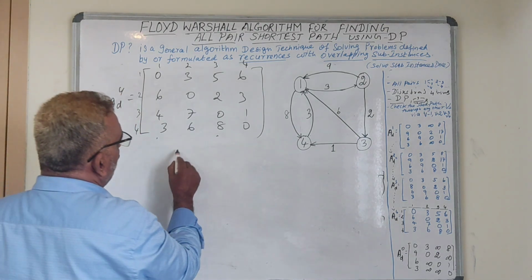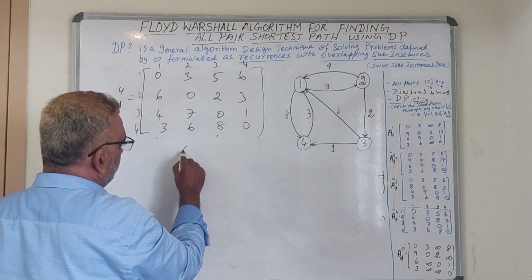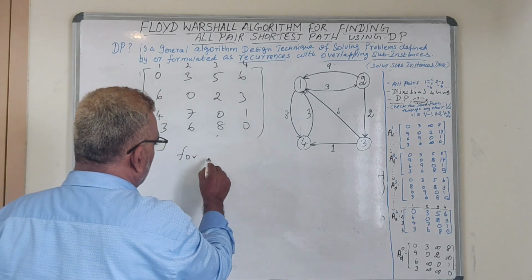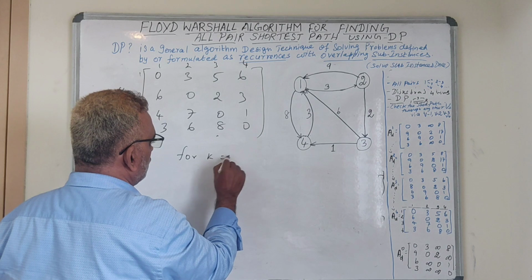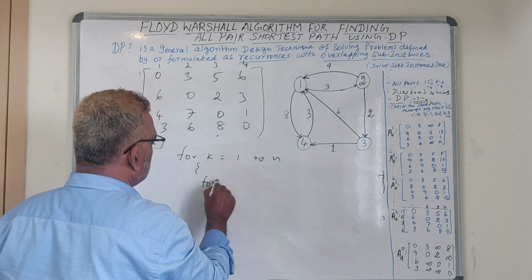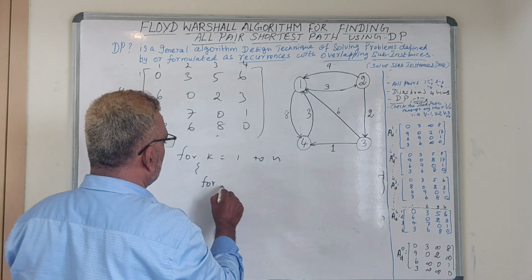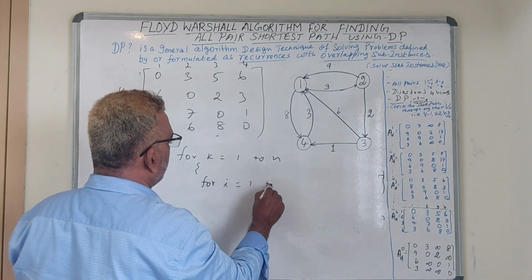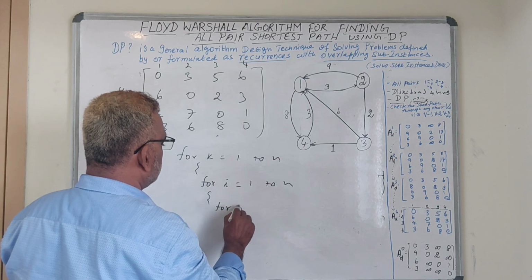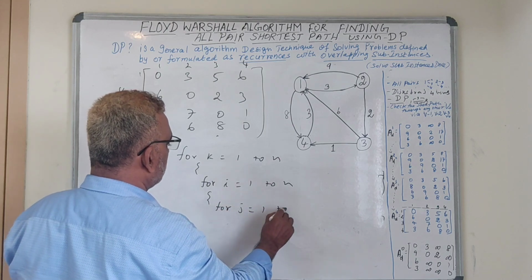Now how can this actually be done with the help of programming? What is the concept? Consider k equal to 1 to n. The next loop is for i equal to 1 to n. Then the next loop is for j equal to 1 to n.